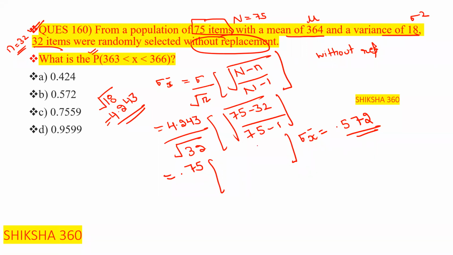Okay, so now we have sigma x bar. Let's put the values here, from this one to this one. So simply 363 minus 364 upon 0.572, and 366 minus 364 upon 0.572.